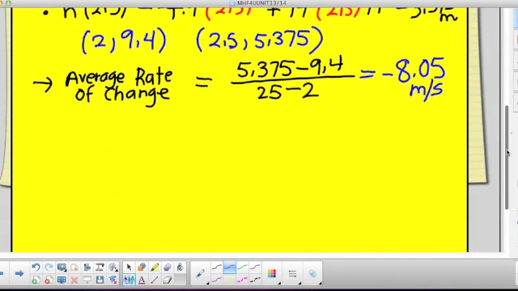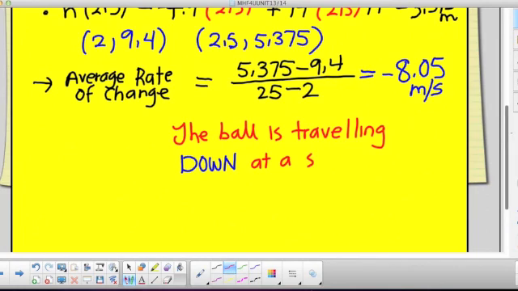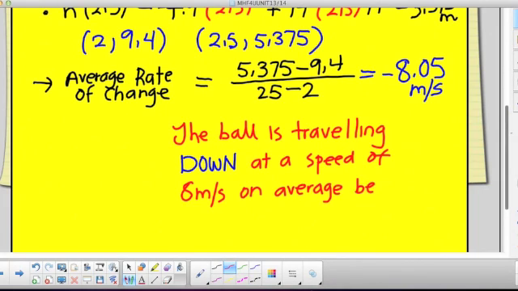Yes, very good. So the ball is traveling in a downward direction at a speed of 8 meters per second on average between 2 and 2.5 seconds.